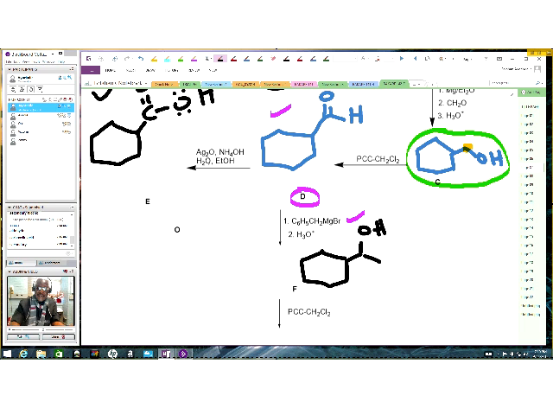Secondary alcohol. Then this Grignard right here, let us use a different color for that Grignard. We say that Grignard is this here.